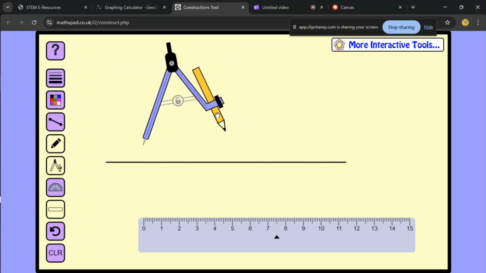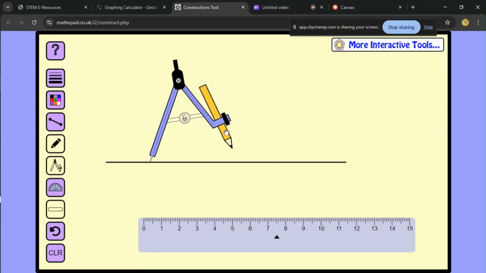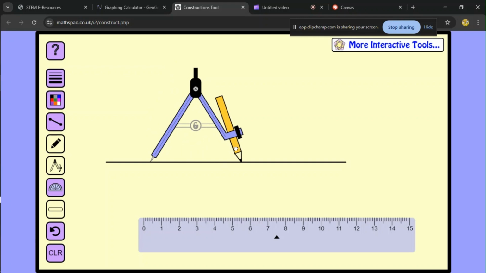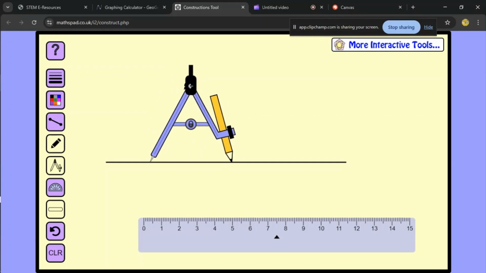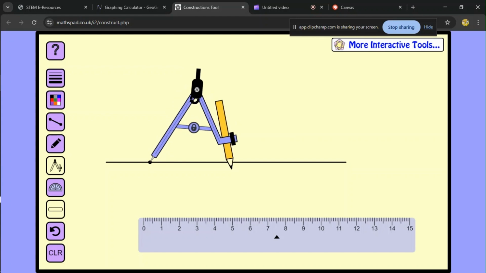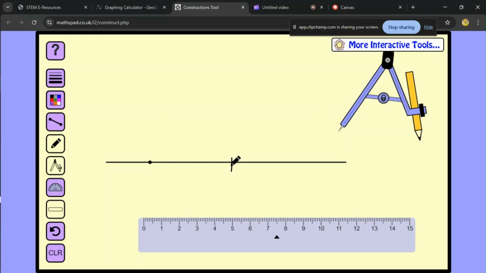Let me bring it slightly below. Let me put a mark here on this. So we have that. I want to construct a line passing through this particular point, an angle of 90 degrees. So I'll begin where I've put a mark here, by constructing a line passing through here.